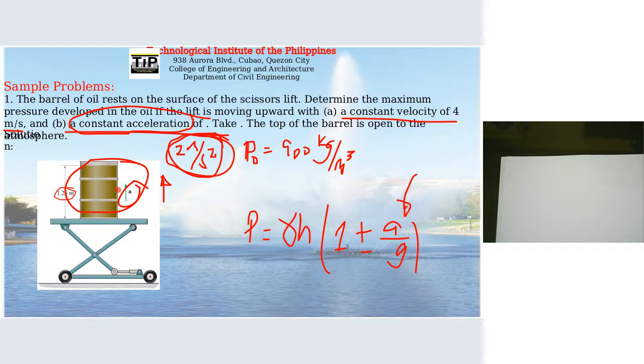So kung wala naman, constant yung velocity natin, meaning hindi nag-i-increase o nagde-decrease si velocity o kaya stationary si vessel, edi gawin lang natin 'tong 0. So ang magiging formula natin is gamma h.